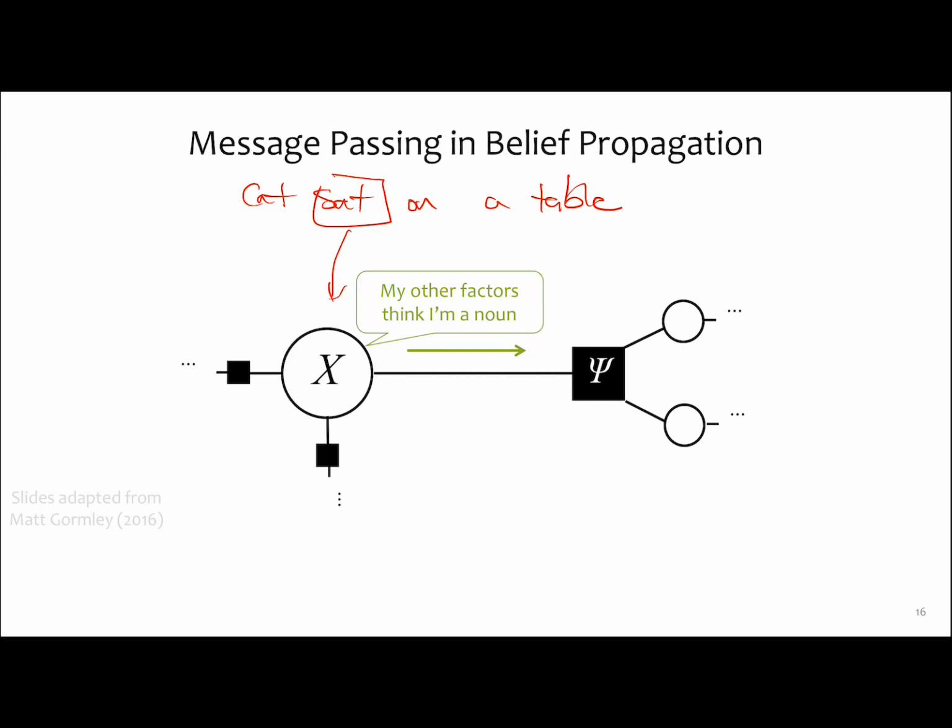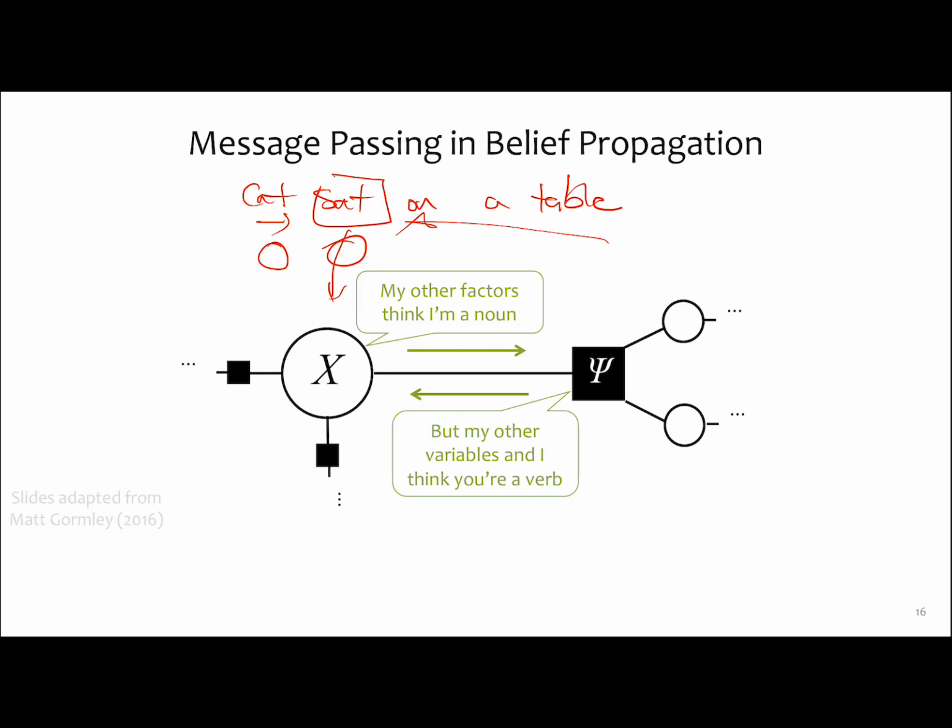So far it has only received a message from this side, but it has to combine information from the other side to consolidate what the label of this verb should be. Here, each of these circles represents one random variable, and the factors between them basically denote the connection between them.